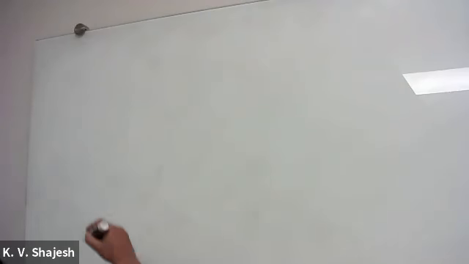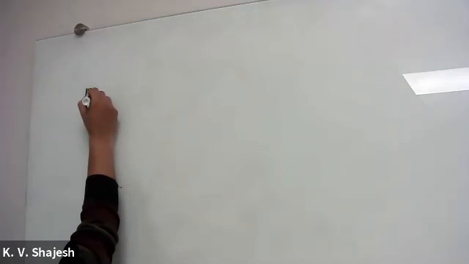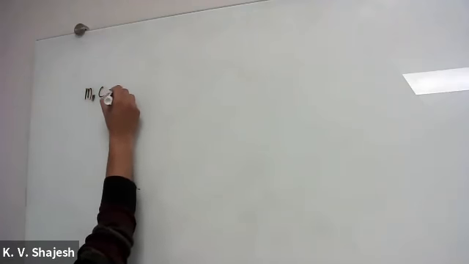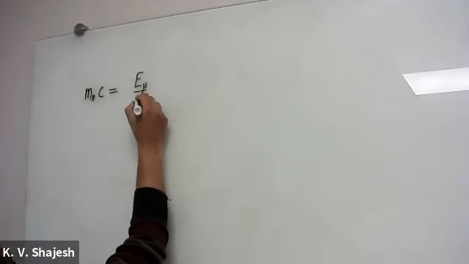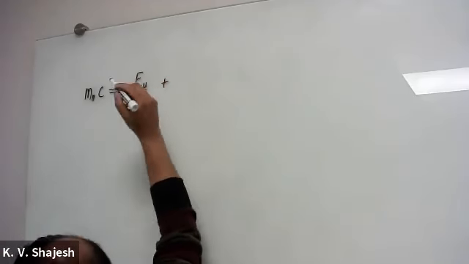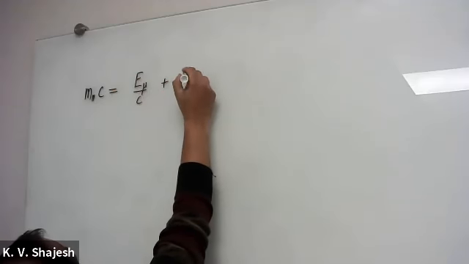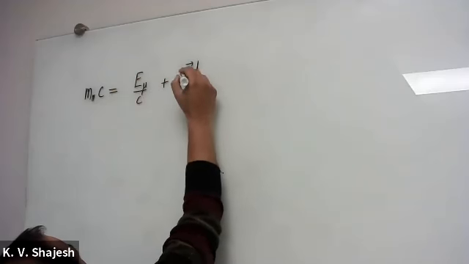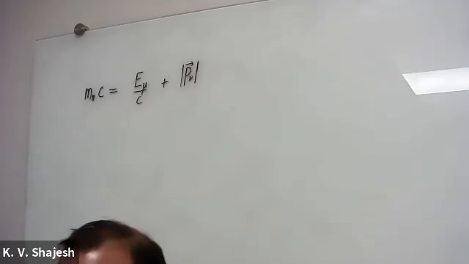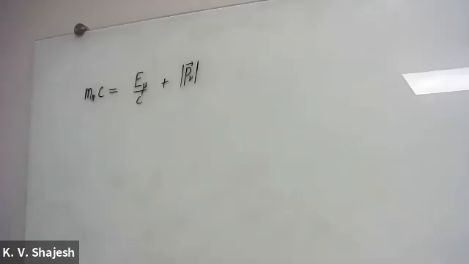So I have mass of the pion times c is equal to the energy of the particle that is created plus the energy of the neutrino that's created, which is basically related to the momentum of that. So that's the energy relation.